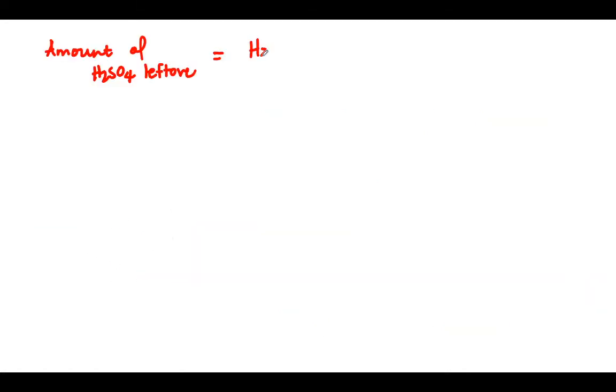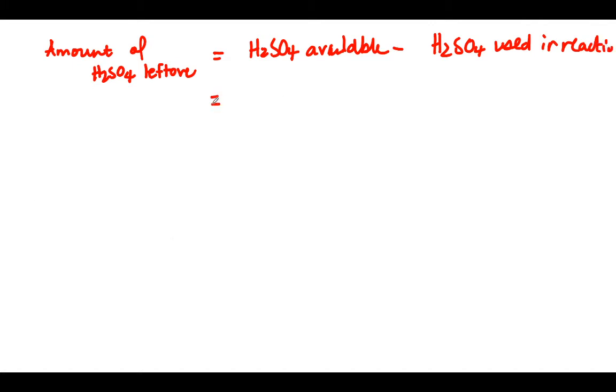So H2SO4 available minus H2SO4 used in reaction. And if you remember back from our excess reagent, how to find how much excess reagent is left over, that's exactly what we're doing here, right? We want to see how much H2SO4 is left over in our solution, because that's what's going to directly affect the pH of the solution after the reaction has taken place.